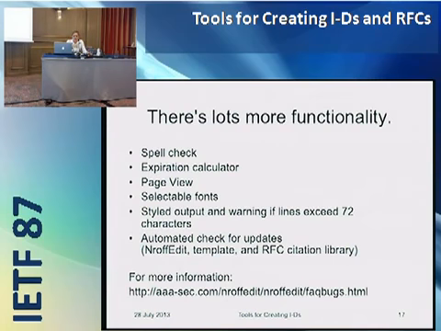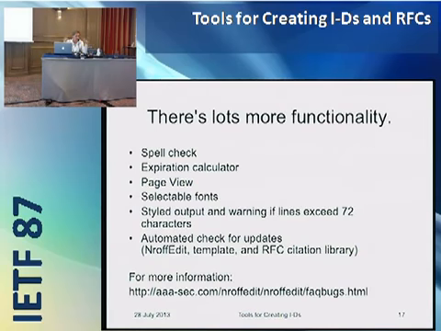There is spell check and an expiration calculator, meaning if you create your draft on January 1st, then it automatically puts expires July 1st, 6 months later. Page view lets you page through your text output. There are selectable fonts, so it's WYSIWYG, right?